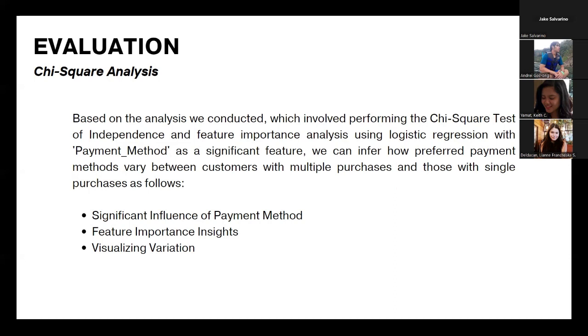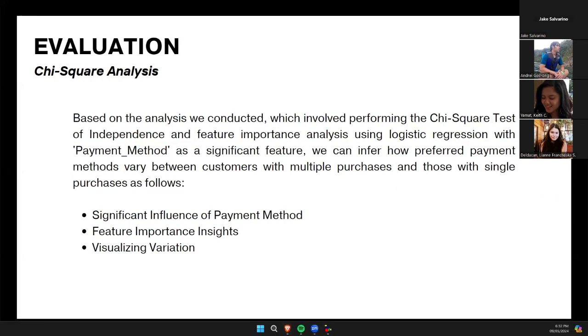A higher importance score for payment method would indicate significant variation in preferred payment methods between customers with different purchase frequency. Therefore, based on our analysis, we can conclude that preferred payment methods vary notably between customers with multiple purchases and those with single purchases, with payment method playing a pivotal role in predicting and understanding this variation.